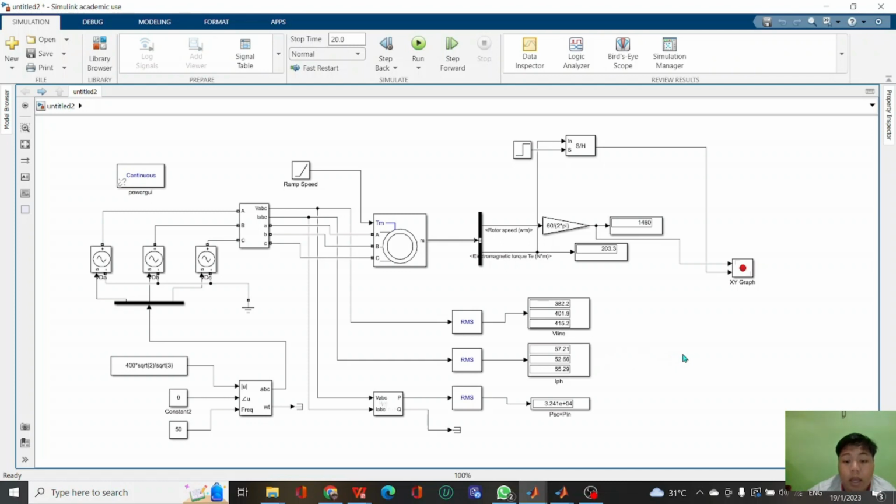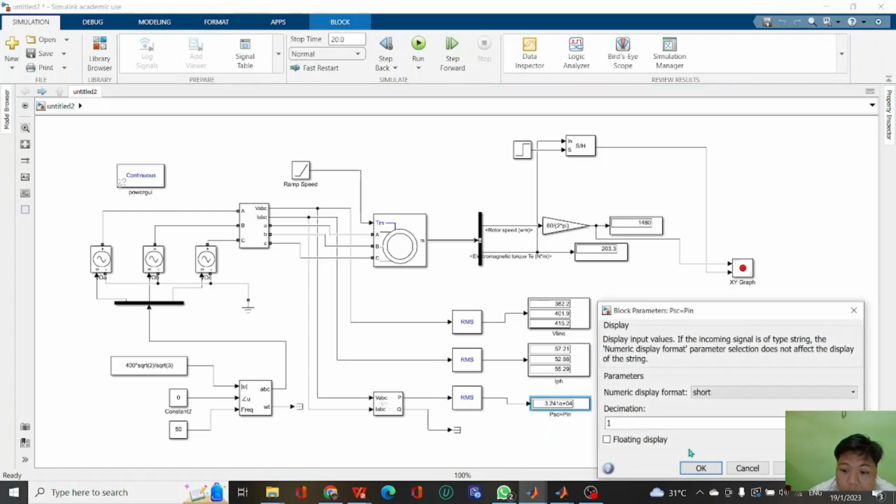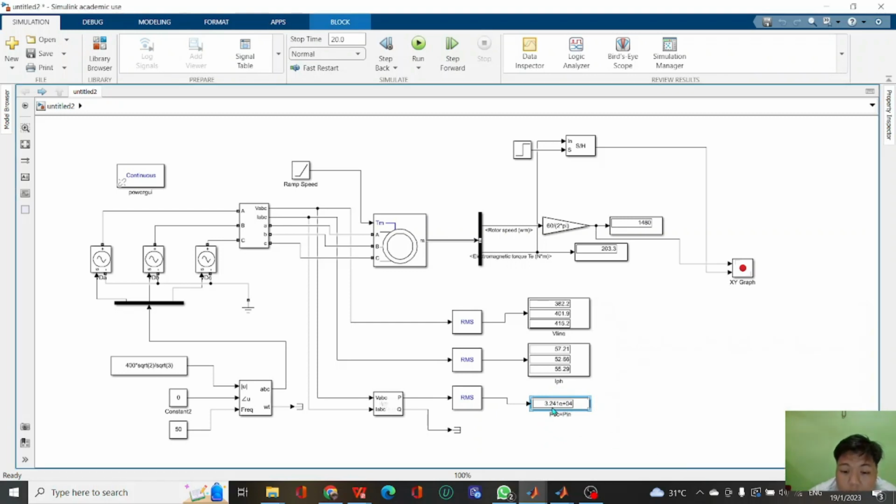Okay, for this you can see P in 3.241, PSC equal to P in. That's all for test 3.